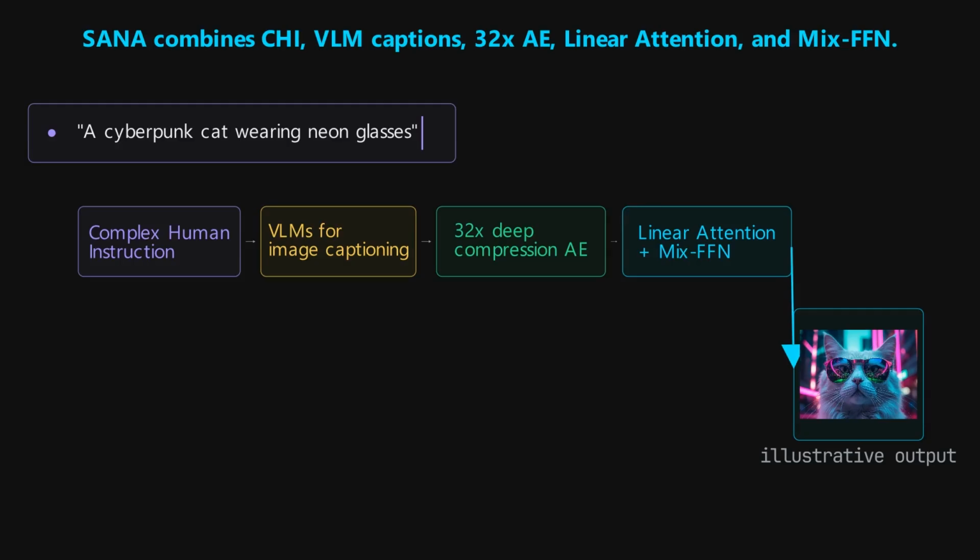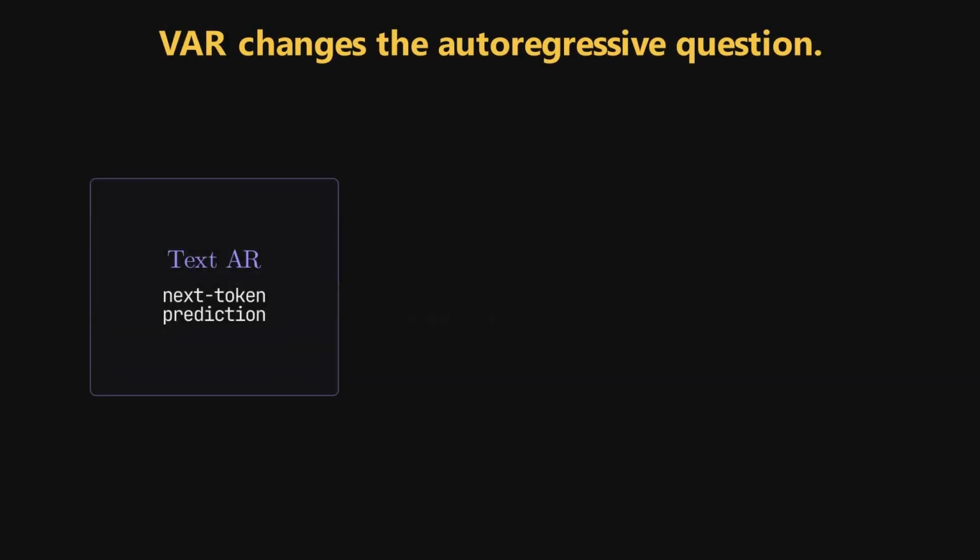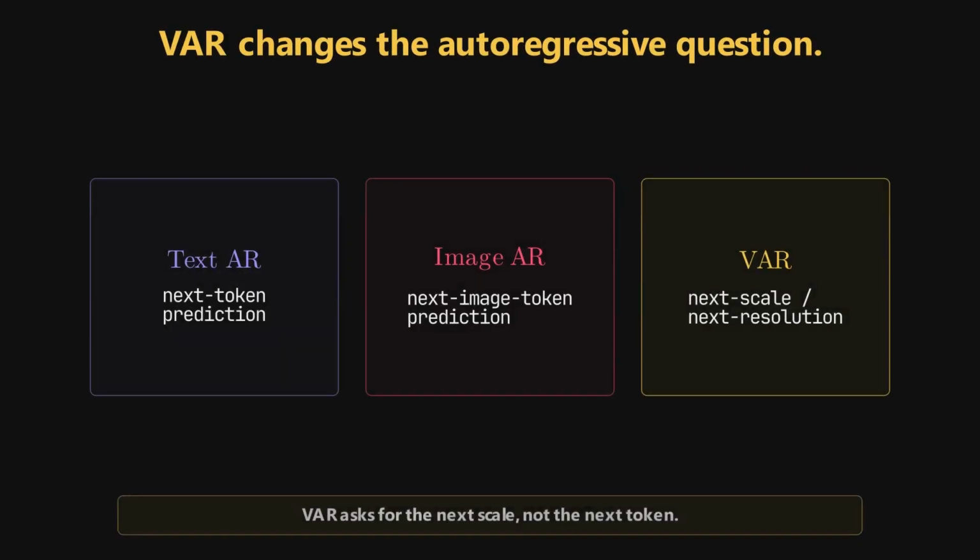While SANA improves the diffusion side, VAR rethinks the autoregressive side. Traditional autoregressive text generation predicts the next token. Image autoregressive models often try to predict the next image token. But VAR changes the question. It does not ask, what is the next token? It asks, what should the next scale of the image look like? This is next scale prediction. The image begins at a very coarse resolution. Then the model predicts the next, more detailed scale.